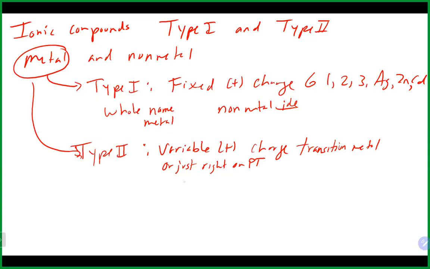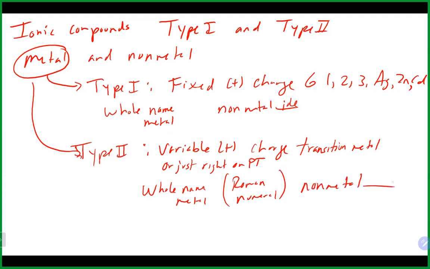So we would use the whole name of our metal, we would add a Roman numeral, and our non-metal will still get the IDE treatment at the end. A reminder that the Roman numeral is the positive charge on the metal.